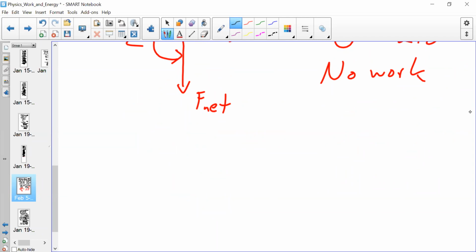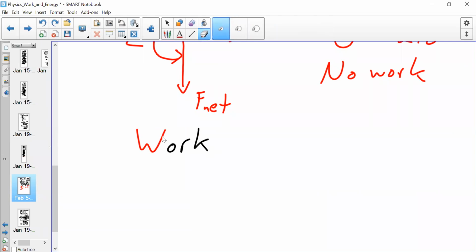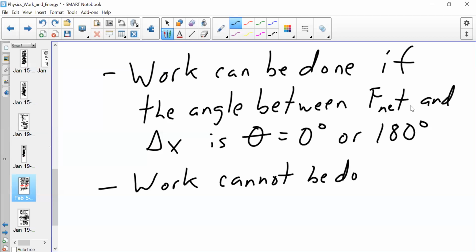So just to summarize. Again, work can be done if the angle between F net and delta x is theta equals 0 degrees or 180.